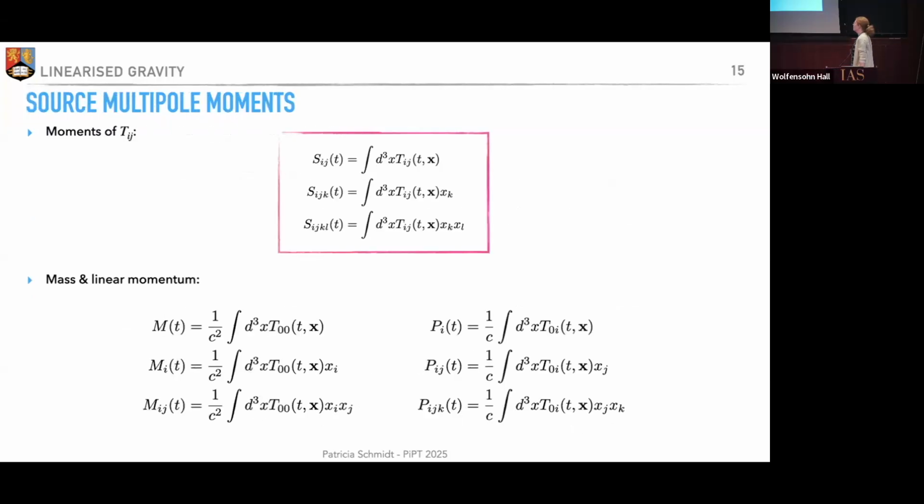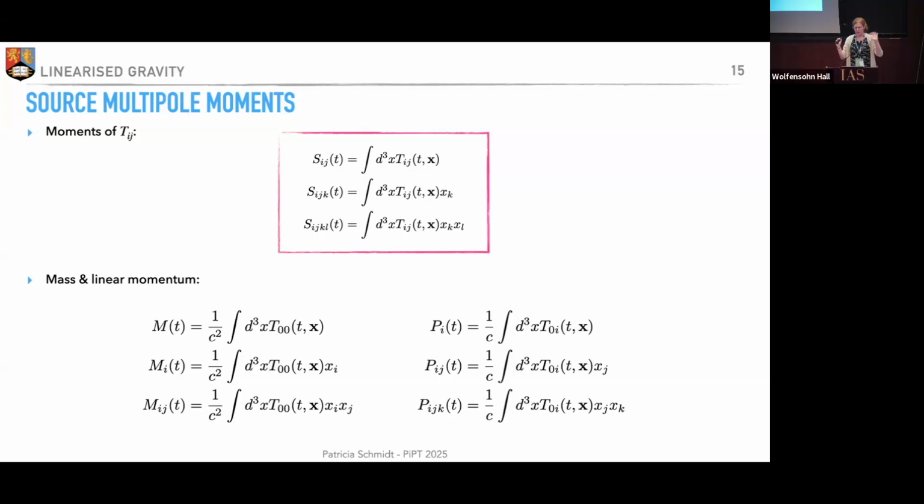They are the moments of the stress energy momentum tensor, and in the literature you'll find different notations. I've just generically called them S here, where we have the integration here with Tij, then we have Sijk, where we've also got the position vector times 2, and so on and so forth. And you can make this a little bit more explicit, right? And write these out here in terms of the mass and the linear momentum.